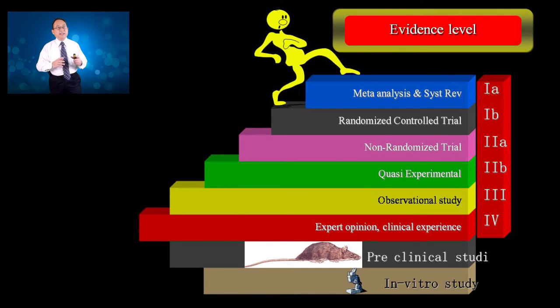Now, this is the level of evidence that we have to be very careful in defining. The highest level of evidence is always 1A, which is meta-analysis or systematic review.